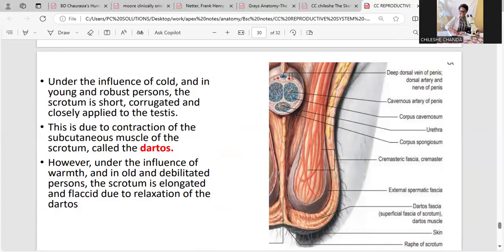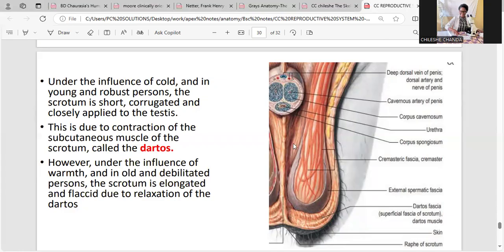Under the influence of the cold, in young and robust persons, the scrotum is short. Remember we talked about this already. It is corrugated, meaning it has a lot of wrinkles, and closely applied to the testes. That is when it's very cold, so that the testes become slightly warmer than the actual environment.